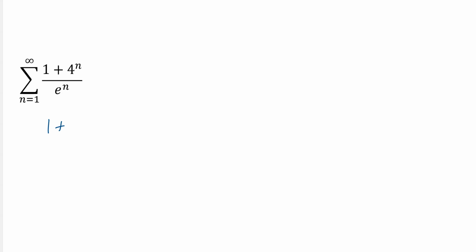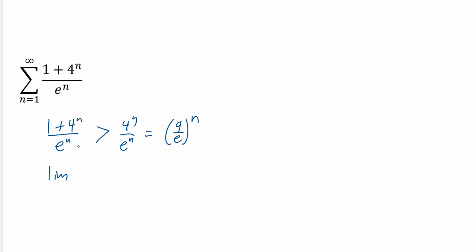So we know 1 plus 4n over e to the n is greater than 4n over e to the n, which is 4 over e to the n. And so we just made it into a geometric. So if we can show that this diverges, then of course something bigger than it's going to diverge. That's that rule we've had for a while now.